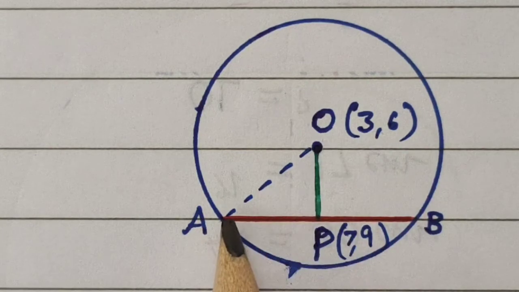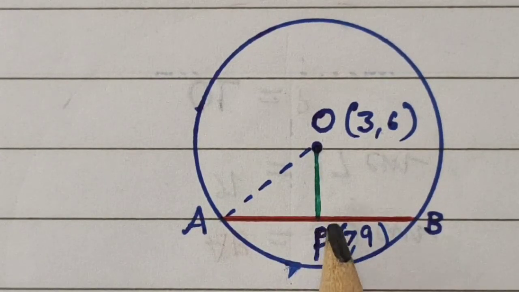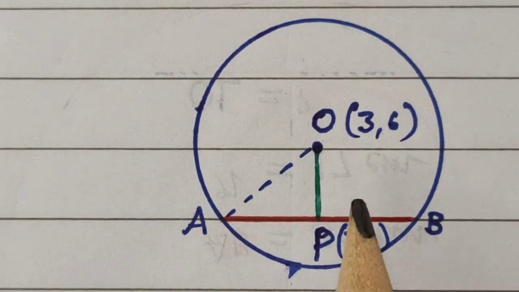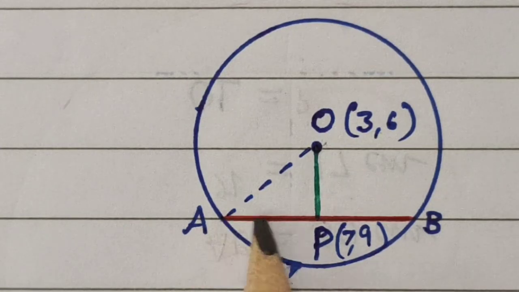They have given the radius, the center, and the point P. So we have to use the distance formula to find OP, and then use the Pythagoras theorem.